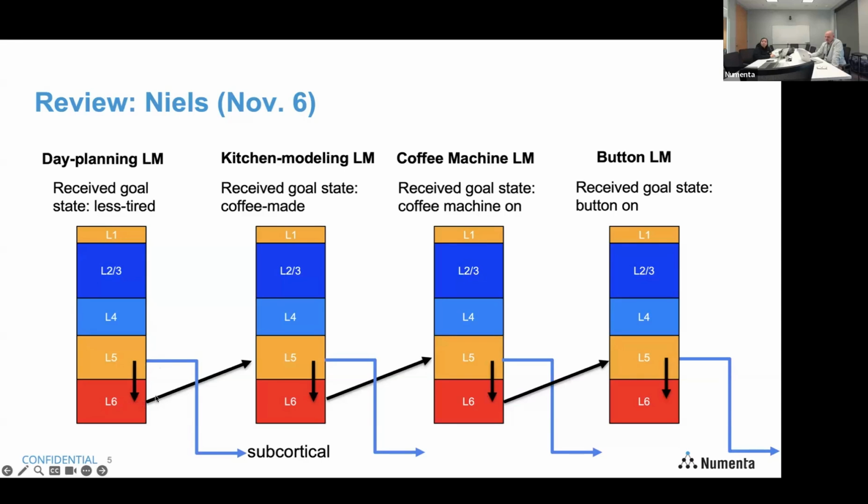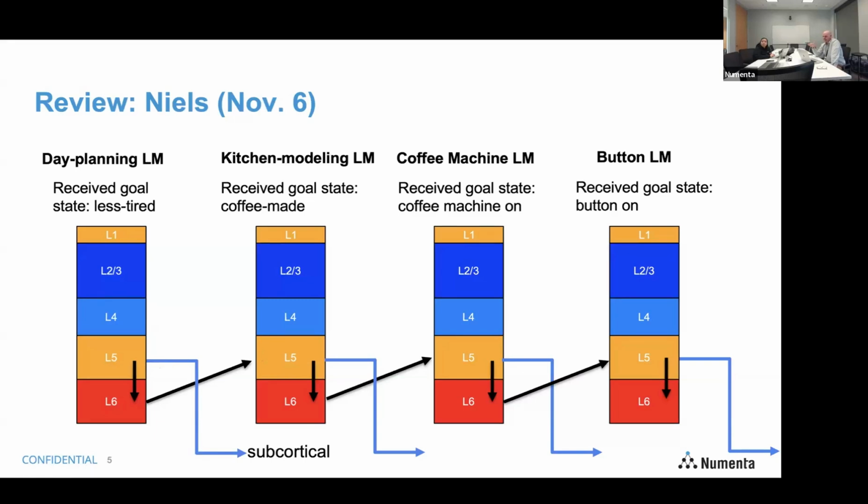Through these L6 to L5 connections, we move down to the kitchen modeling LM, which receives a goal state, get coffee made, and then that can get broken down further to a coffee machine LM, assuming we found it and we're looking at it.